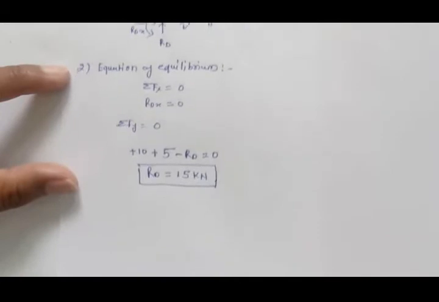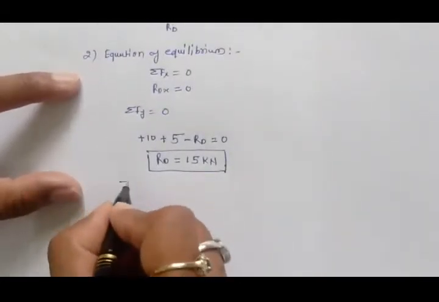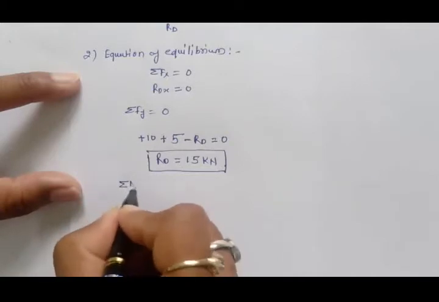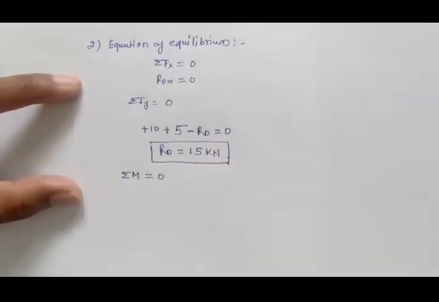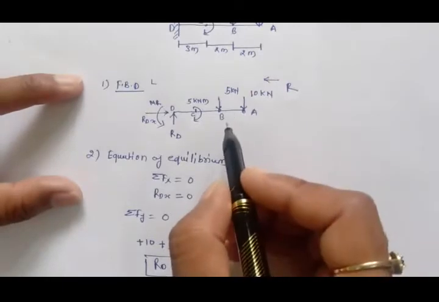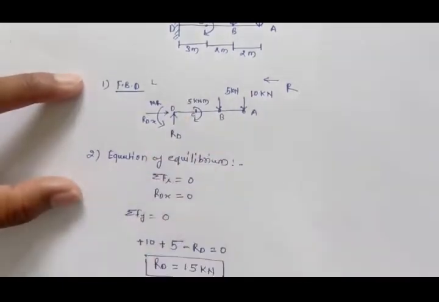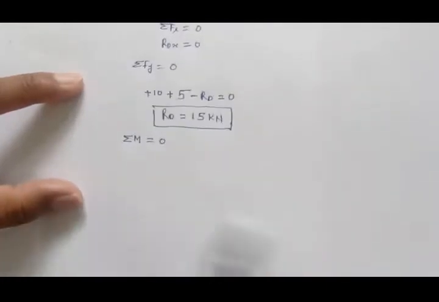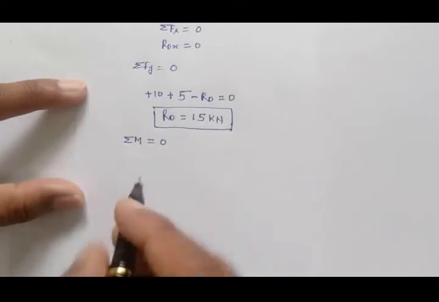Now to find out the moment value, we can take summation of moment equal to 0. So moment about D we can take. When we are taking the moment, clockwise we are taking positive, anti-clockwise negative. Moment is nothing but force into perpendicular distance.